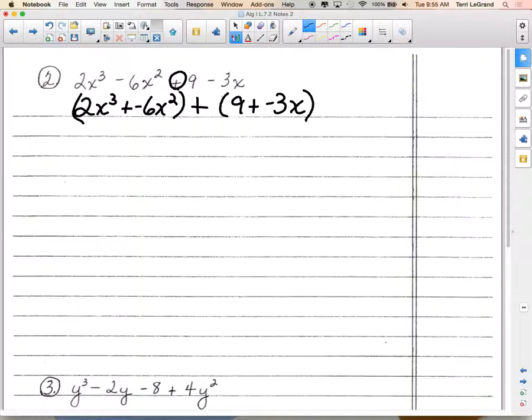Probably the most important subtraction is if it falls between the second and the third term. Because if you just insert parentheses, then you are now saying you're going to make both of those things in the group their opposite. Okay?